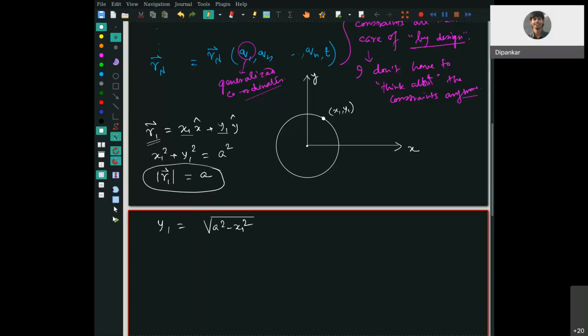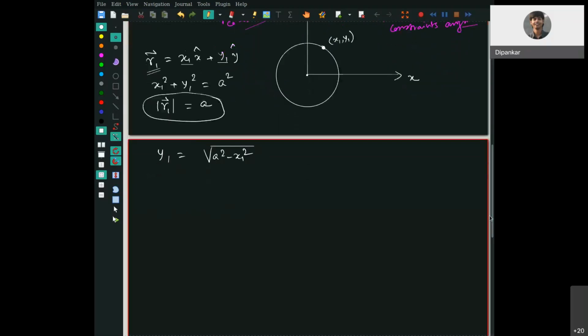A more elegant way of doing it is that you redefine your coordinates such that your constraint is taken care of automatically. Suppose I define x1 equals a cosine theta and y1 equals a sine theta, where a is a constant.